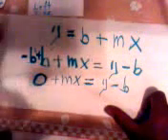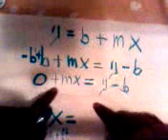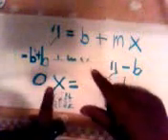Okay, now we have mx. Is this x, like this? No, because here the x is accompanied by m, and we saw that the condition is that the letter x must be alone, and here it isn't alone.